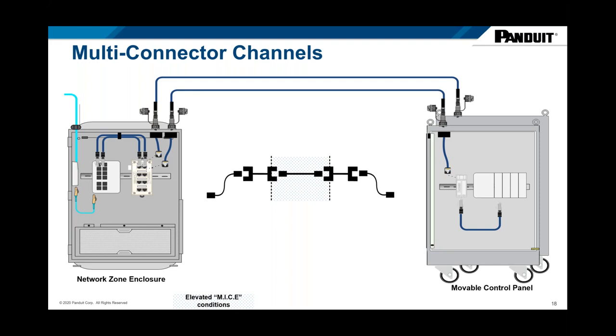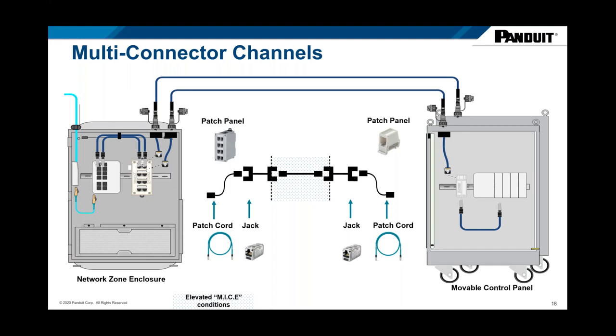And in the middle there, you kind of see the diagram that we're building. On the left of the diagram is really the network zone enclosure. On the right of that little diagram in the middle is that movable control panel. And in between there, that little shaded area, that's where we have the harsh M.I.C.E conditions, which is a key factor to what we're looking at here. So inside those control panels, we can put our patch panels in. We can install jacks inside of there to allow the testing.